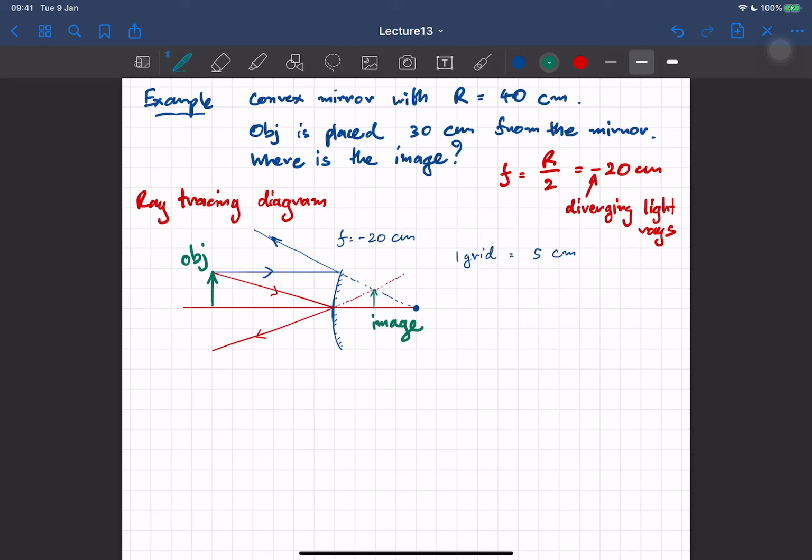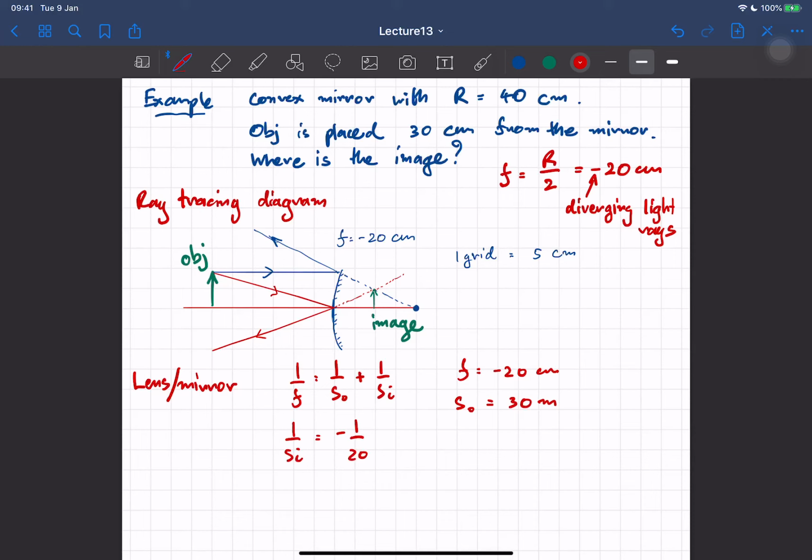Now let's confirm everything using the lens and mirror equation. 1 over f equals 1 over s_o plus 1 over s_i. And again, f is minus 20 centimeters. The object distance is 30 centimeters. So I can solve for s_i. So 1 over s_i is just minus 1 over 20 minus 1 over 30.